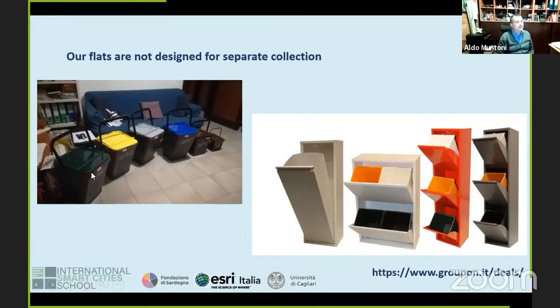And you know that the choice of the municipality to use big containers was a technical, economical choice in order to, again, reduce collection frequency. This is the reason why they gave us big containers for plastic, residual waste, paper, and glass, because these are dry fractions, so they should not produce bad smells.